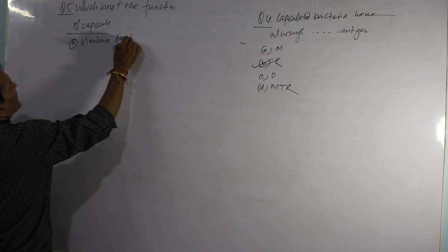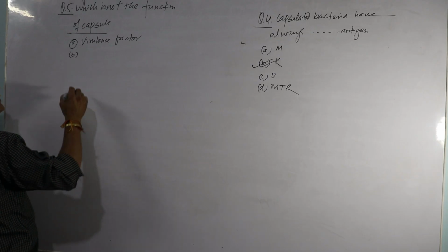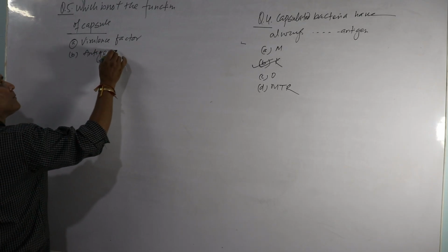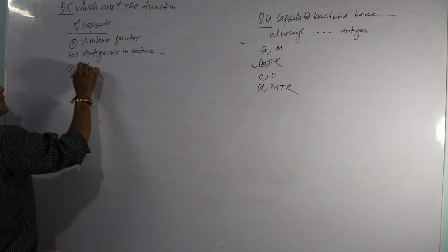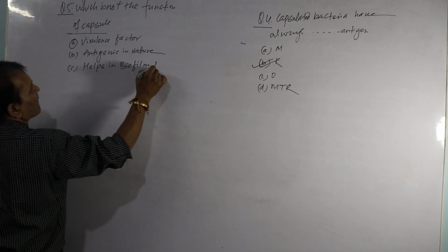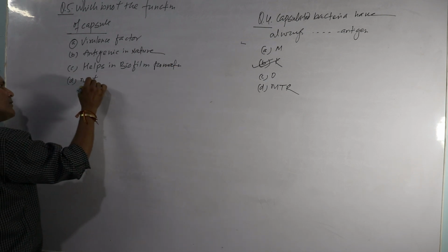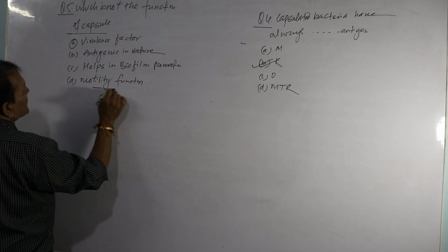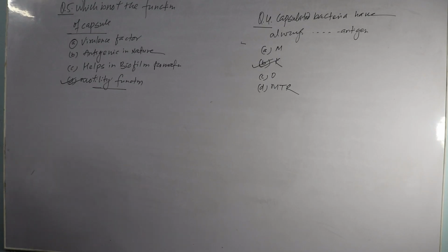Yes, capsule is also a virulence factor because it permits survival inside the phagocytic cell. B, antigenic in nature. C, helps in biofilm formation. Yes. And option D, motility function. So all of the options here given are functions of capsule except motility. Motility is the function of flagella.